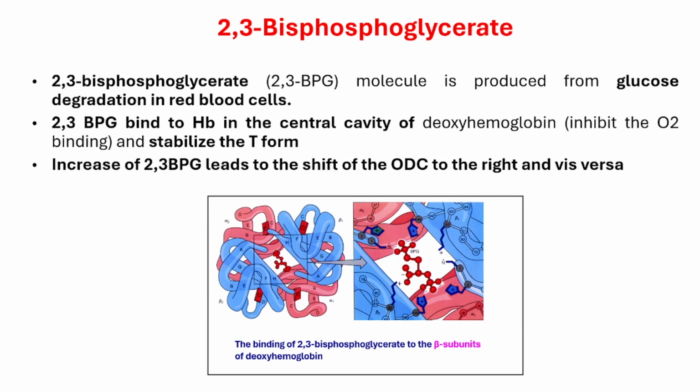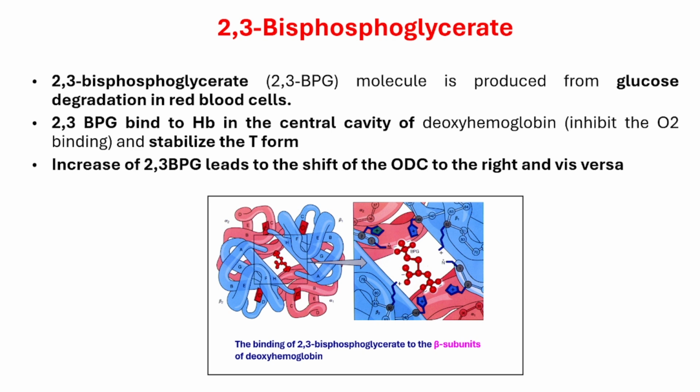All right. The 2,3-BPG is a metabolite which is produced by our body, specifically by the red blood cells during the degradation of glucose. So when the glucose is degraded by the RBC, it produces this product which is called 2,3-BPG.